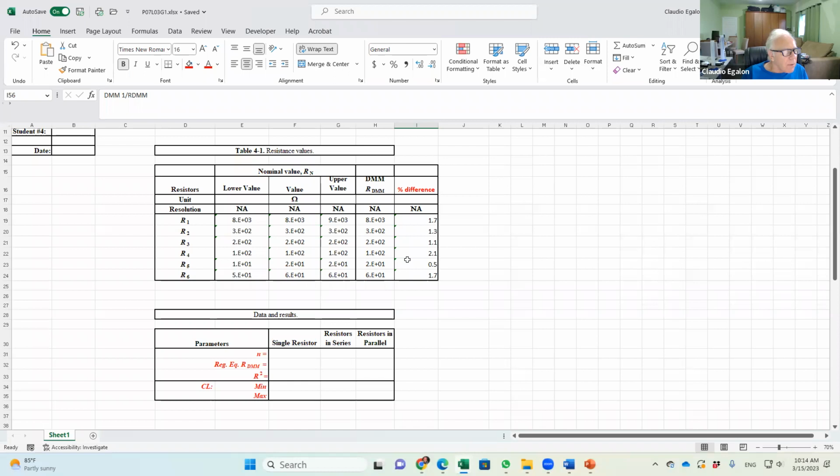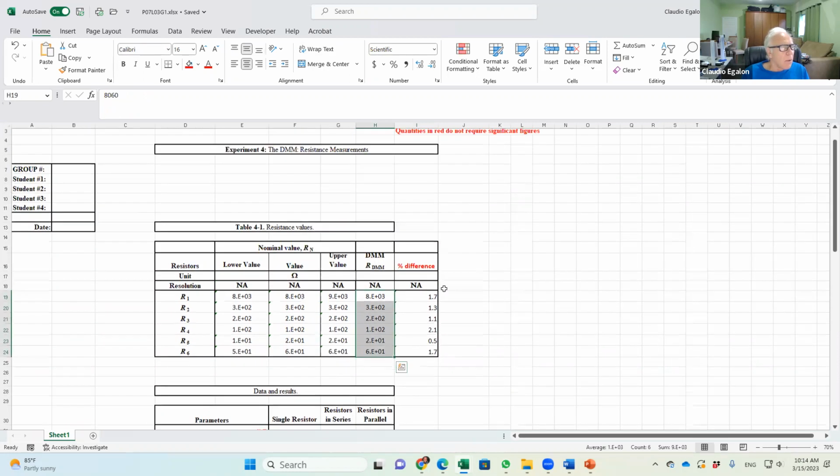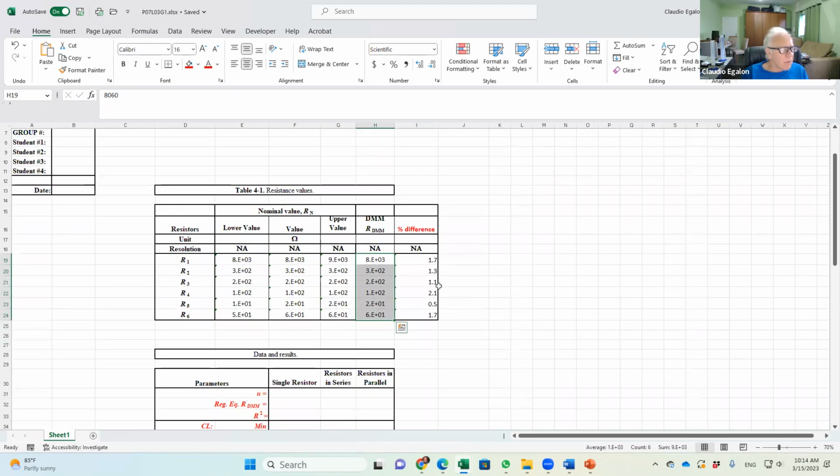Here you go, resistance values. Remember, we have very close values between those two.